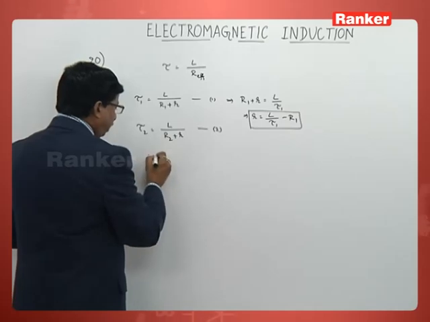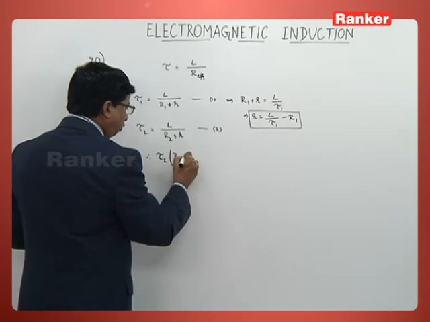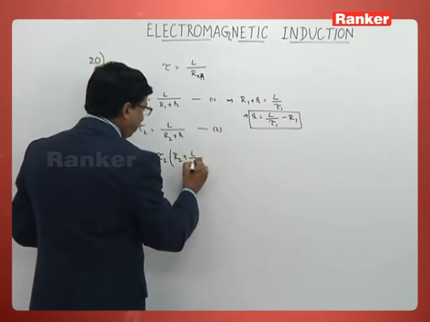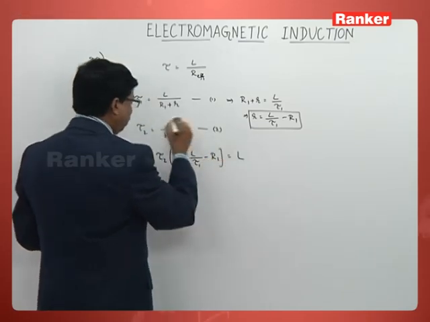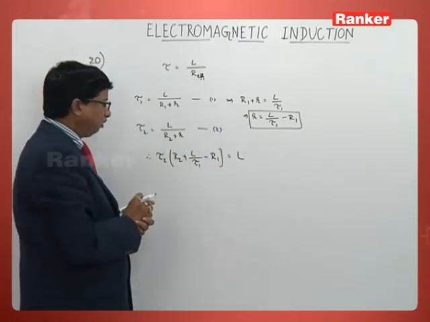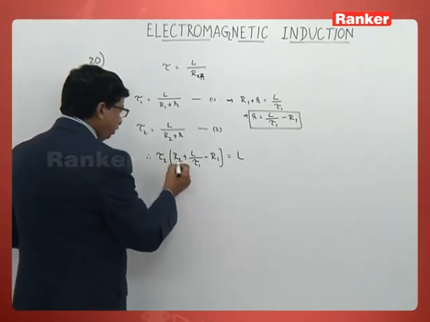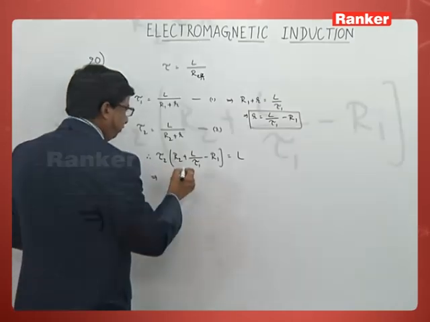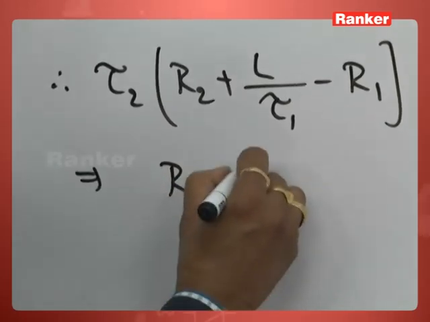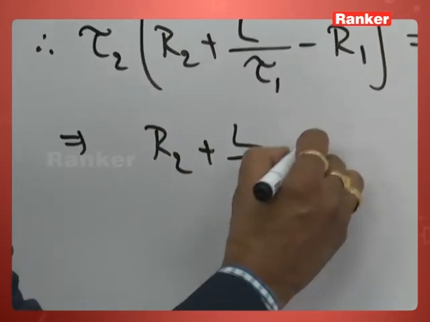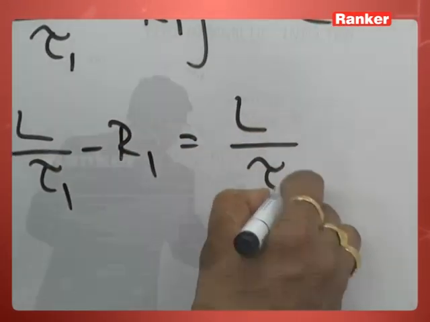So I can write tau 2 into R2 plus r, that is L by tau 1 minus R1, is equal to L. I have cross multiplied, that's all. Now if I multiply, I can take R2 plus L by tau 1 minus R1 is equal to L by tau 2.